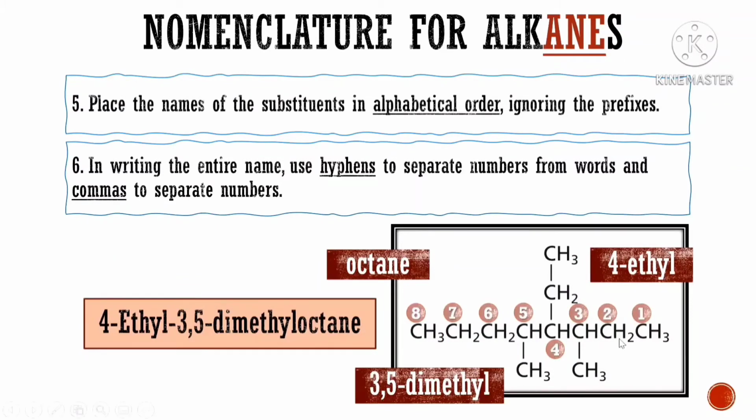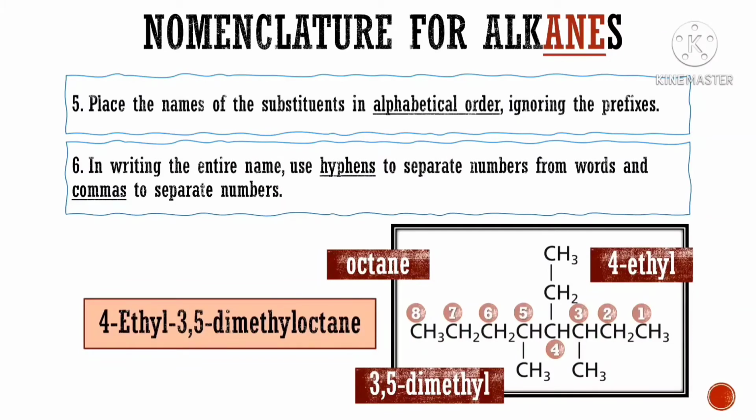Reminder, we should double check by making sure that first, the parent chain has been found and numbered correctly. For this case, we numbered it from the right, and the parent is an octane. Next, all substituents must have been properly designated with correct carbon numbers, prefixes, and alkyl names. So at carbon number 4, we have an ethyl group, and at carbon numbers 3 and 5, we have 2 methyl groups.